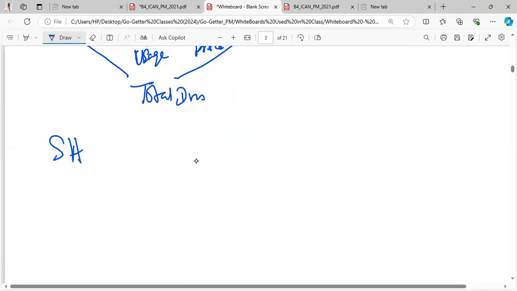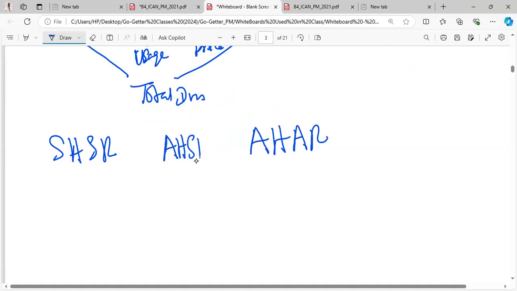Standard hours, standard rate, actual hours, actual rate. At the center, we have actual hours, standard rate. So this is total direct labor variance.